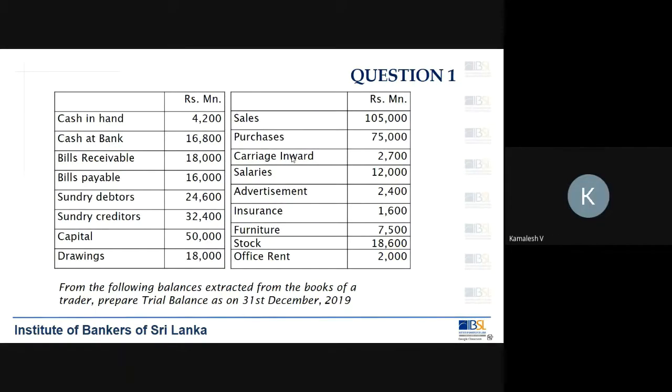Right, so let's look at this question now. This is an extract of account balances. I want you to now do it quickly. Put it into a trial balance format. It will take about 2-3 minutes and you have to do it.